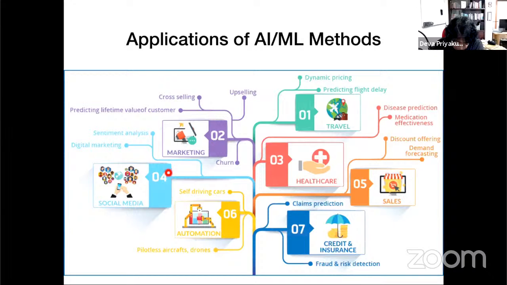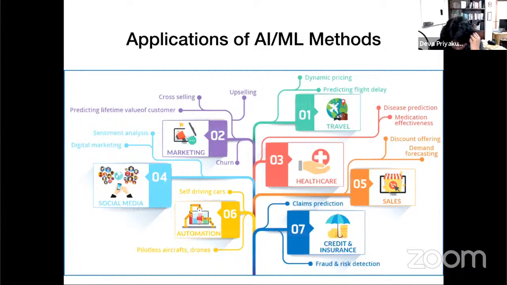And then in automation, we have had self-parking cars for a long time now, and we are starting to see self-driving or autonomous vehicles already. Even in India, there's a lot of research going on. In IIIT, we have a couple of groups which work on autonomous driving.